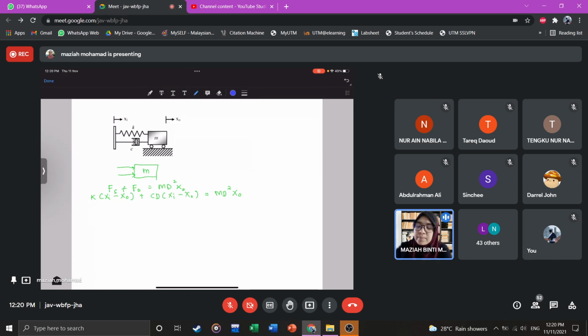So let's say we have k xi minus k x naught plus c d xi minus c d x naught equal to m d square x naught. We're going to put the output on the left side and the input on the right side.